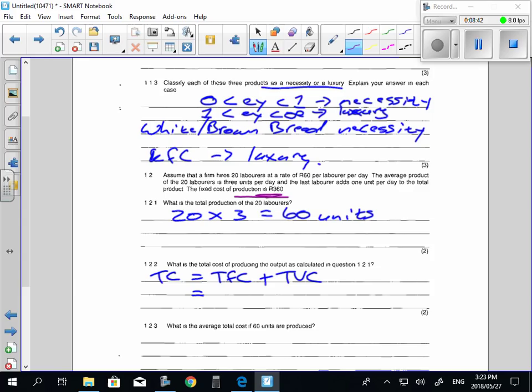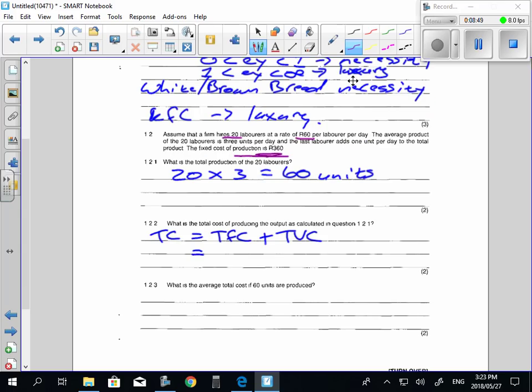The only variable cost that we've got is the 20 laborers multiplied by their wage rate per day. So total fixed cost is 360 plus the 20 laborers times what they cost us per day, 60. And it would give us an answer of 1560 for your total cost of production.